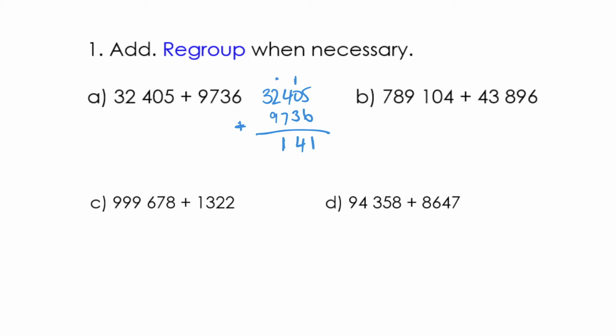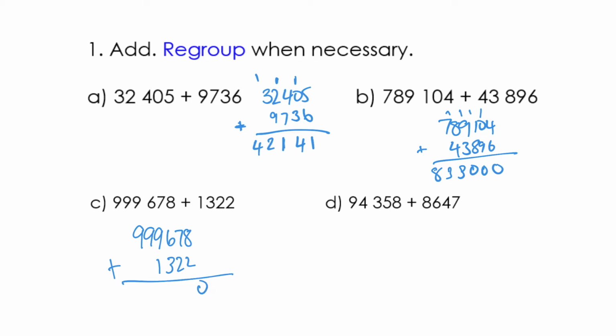I am not going to go through the method of how I'm adding these all the time. So basically this has a lot of regrouping. You're going to have to regroup many times.